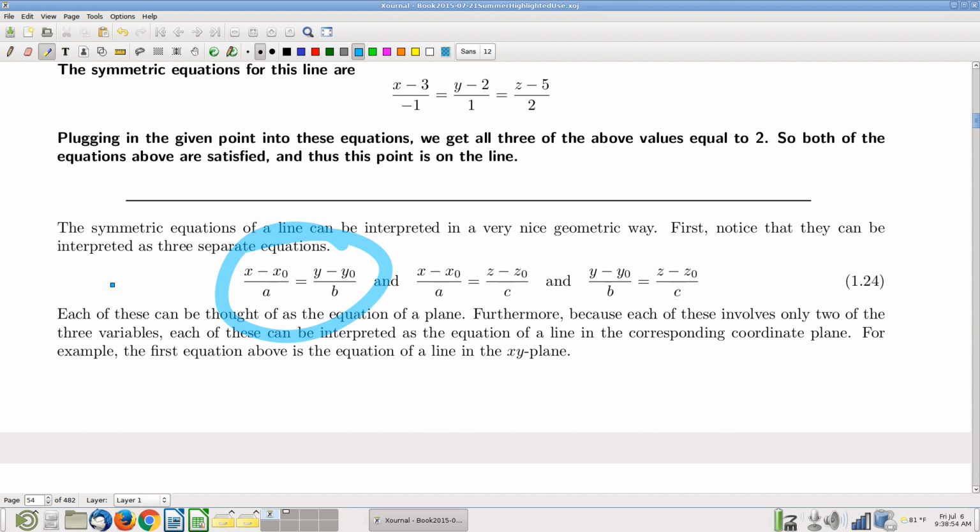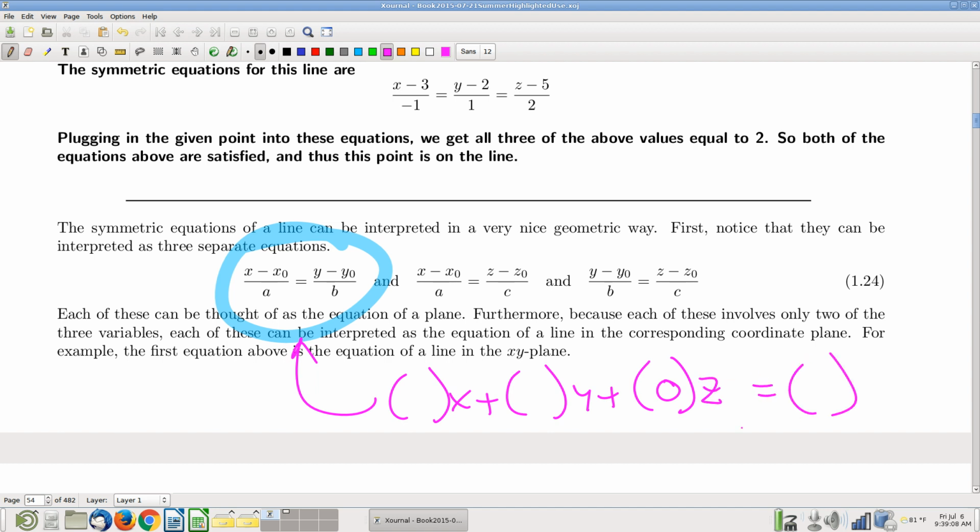Or if you don't like that argument, when you write this out, you've got something times x plus something times y plus 0 times z equals something. That means that our normal vector, which has coordinates that are these numbers, has a 0 as its last coordinate.